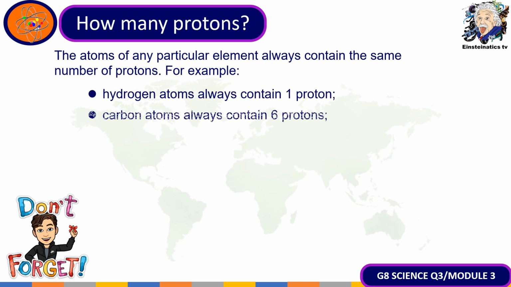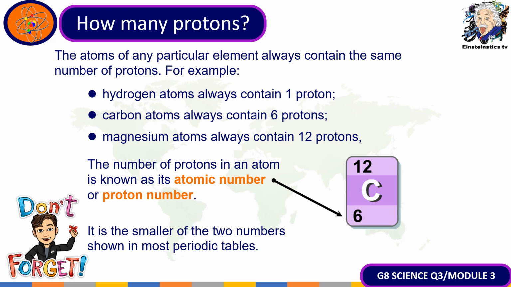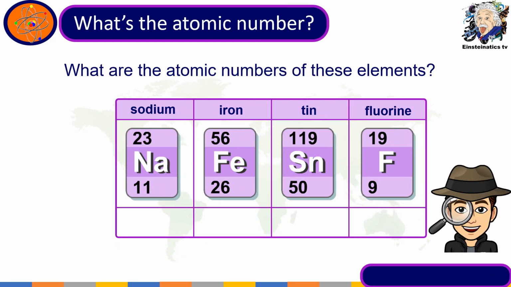So for example, yung hydrogen atom always contains 1 proton, yung carbon atoms naman always contain 12 protons, and yung magnesium naman is permanenteng contains 12 protons. So the number of protons in an atom is known as its atomic number or its proton number. So usually in a periodic table, it is the smaller of the two numbers as shown on the periodic table.